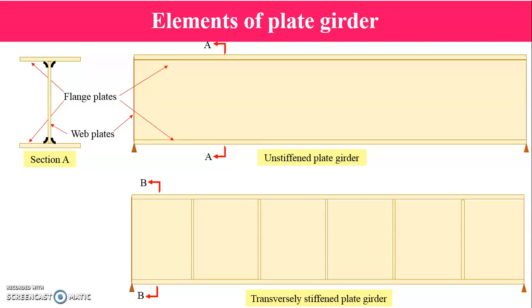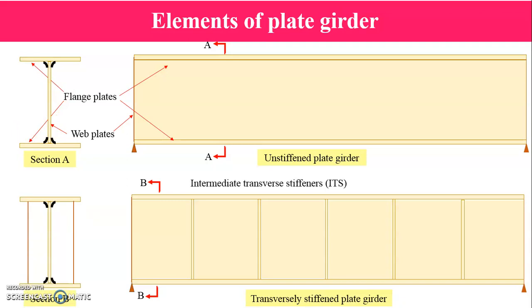The second L section is the transversely stiffened plate girder. Here we have cut the section BB, which will look like this. Here we have provided intermediate transverse stiffeners, that is, they are provided transversely along the length of the girder, like this.